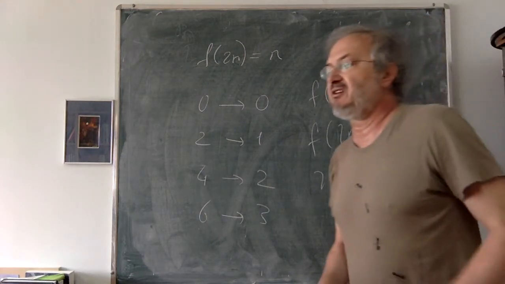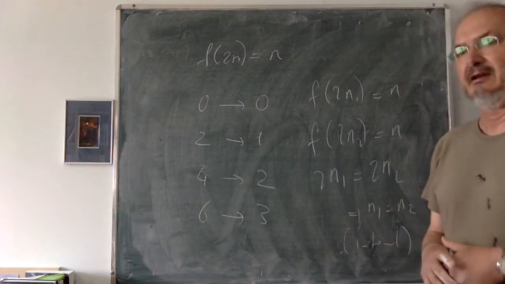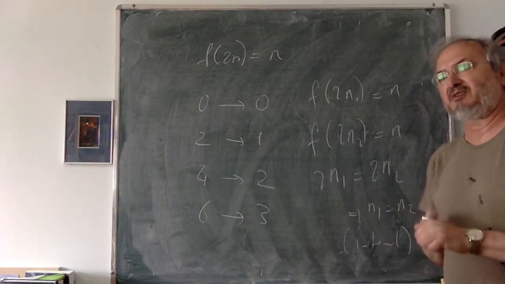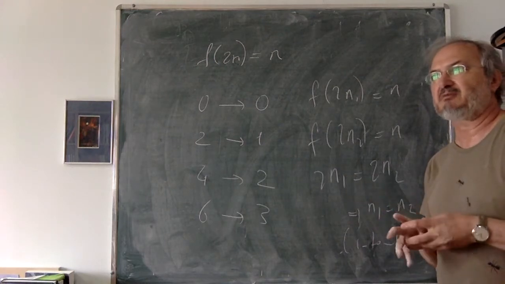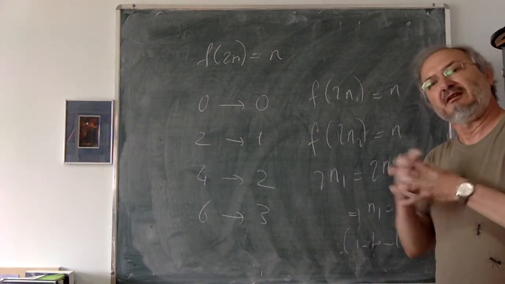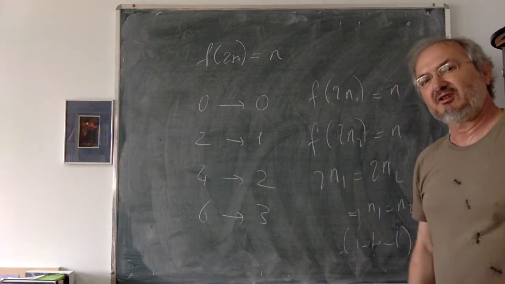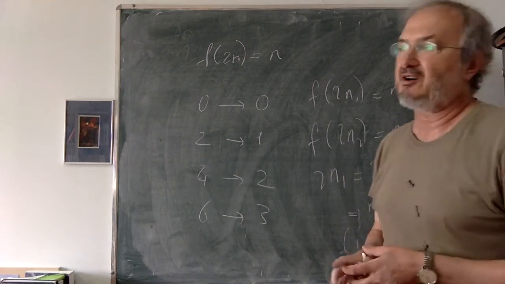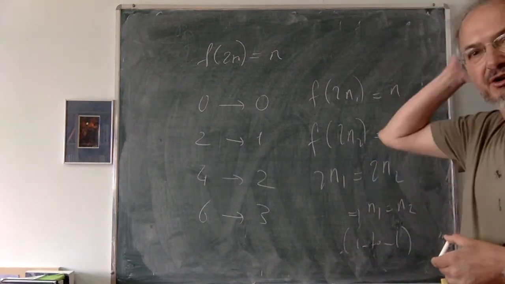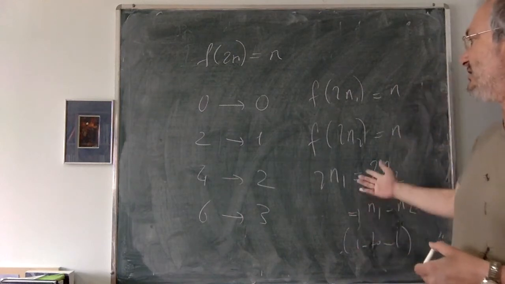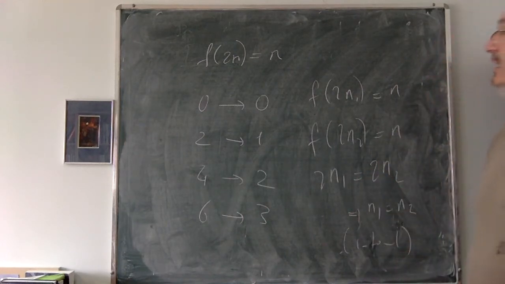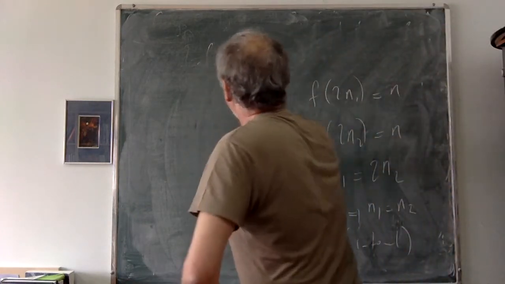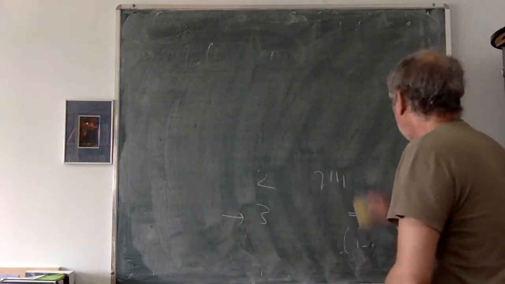So if you're going to study even numbers and you want to be sure about the complexity of the problem you're dealing with, you say, well, is it really a very complex problem? Do I need some kind of representation to deal with this problem? Well, since there are countably infinitely many, you're going to have to do that. And this is one of the ways to start thinking about it. Or think about odd numbers.